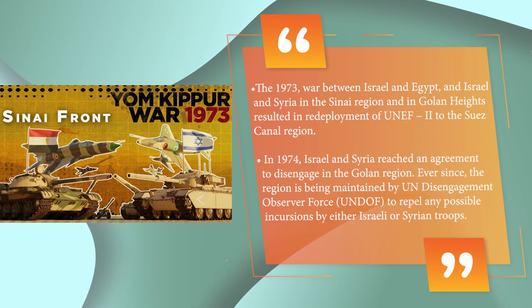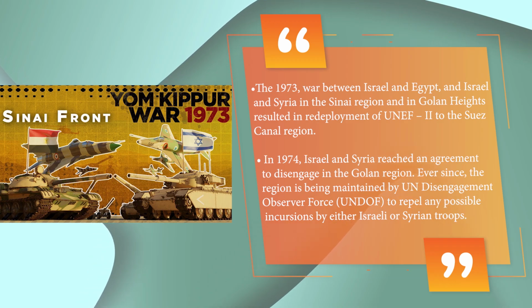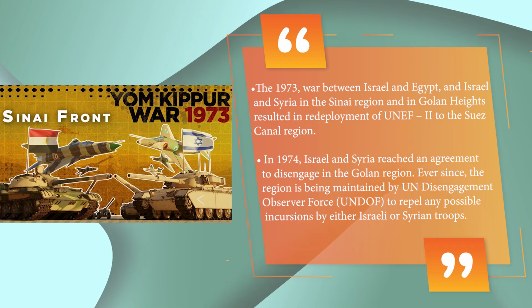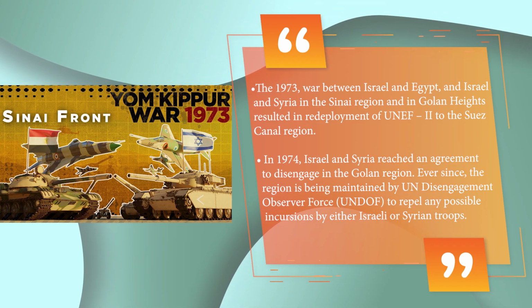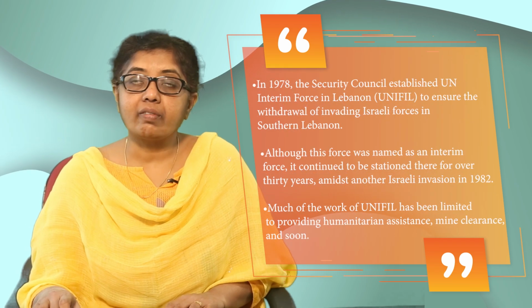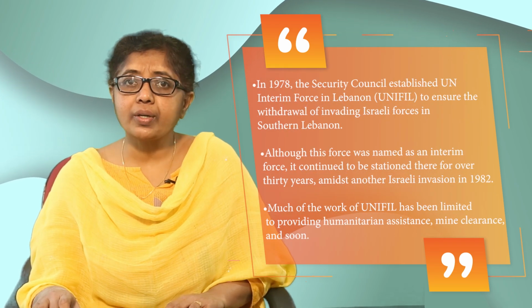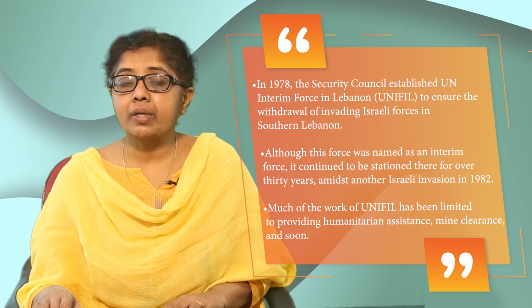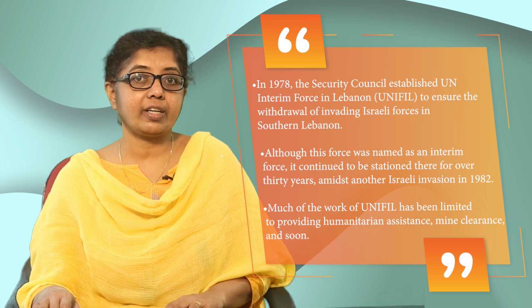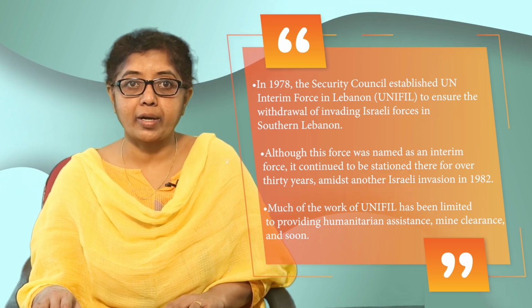Ever since, the region has been maintained by the UN Disengagement Observer Force to repel any possible incursions by either Israeli or Syrian troops. In 1978, the Security Council established the UN Interim Force in Lebanon to ensure the withdrawal of invading Israeli forces in southern Lebanon.